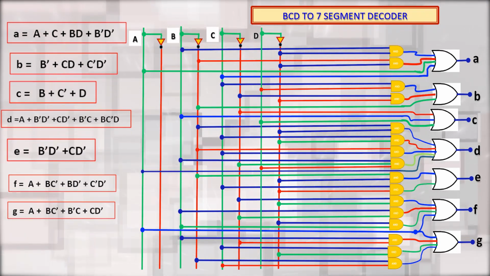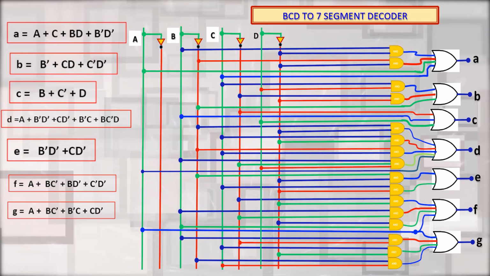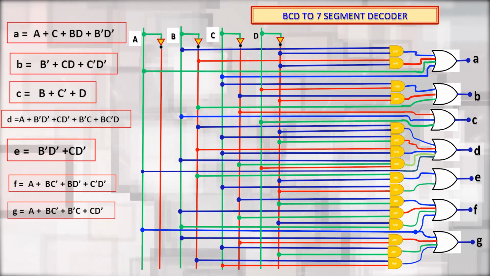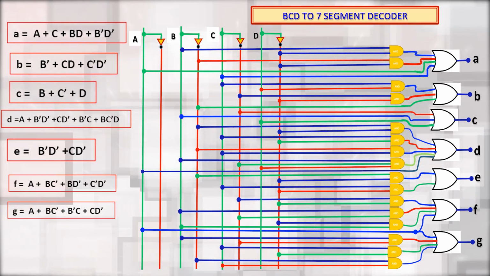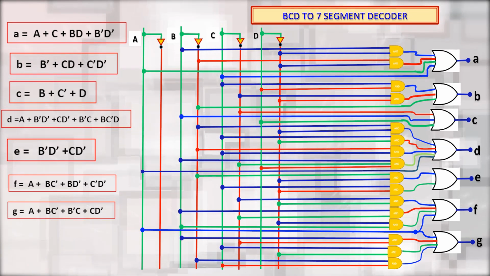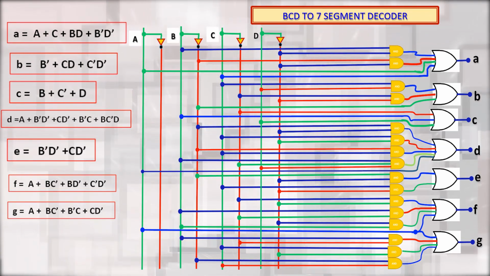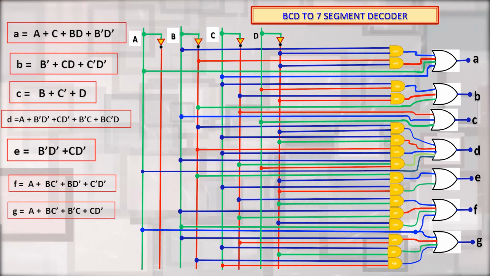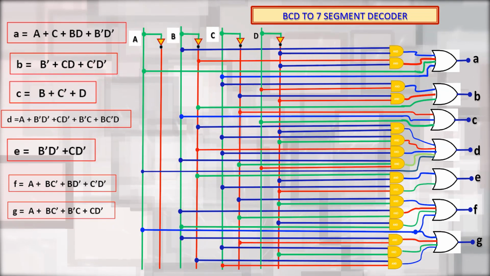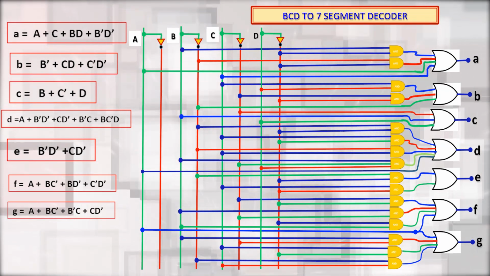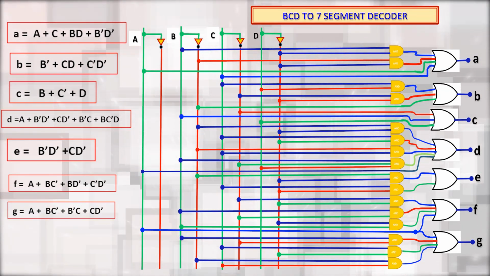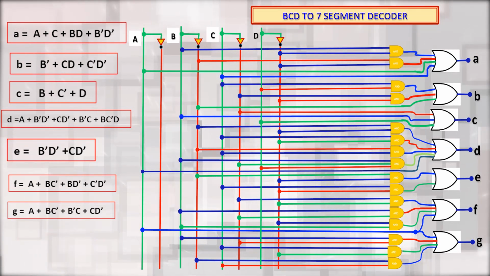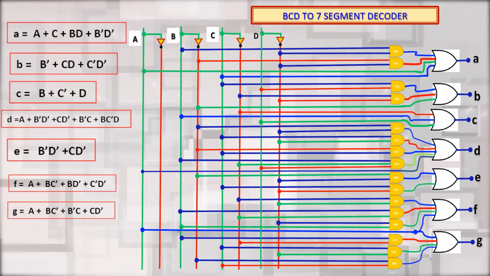Then for segment E, we will be needing one OR gate, and that OR gate should be of 2 inputs. Then we will be needing 2 AND gates, and the inputs B bar and D bar are connected to an AND gate and the output of this AND gate is connected to the OR gate.